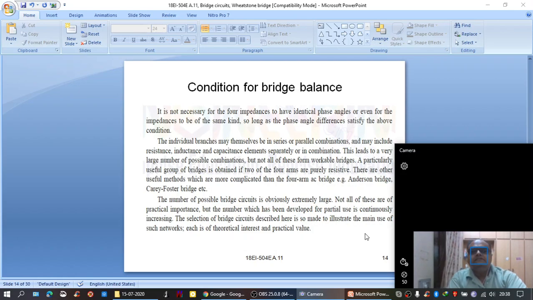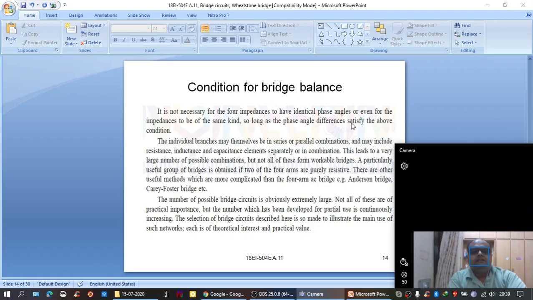Right? This is all about the bridge, what is a bridge, and what is the classification, that is DC bridge and AC bridge, and the basic structure of a bridge and the condition for bridge balance for DC bridges and AC bridges.